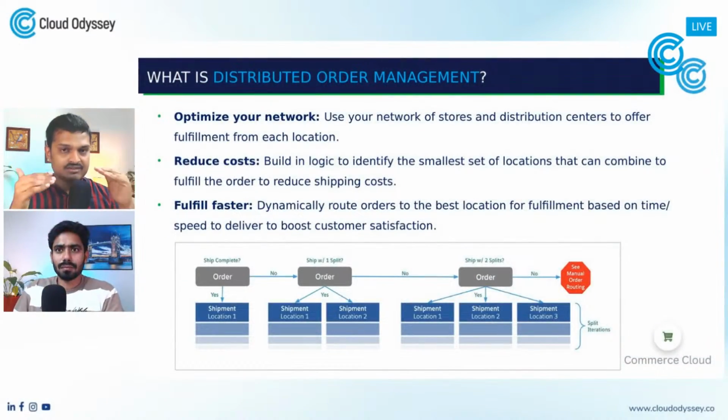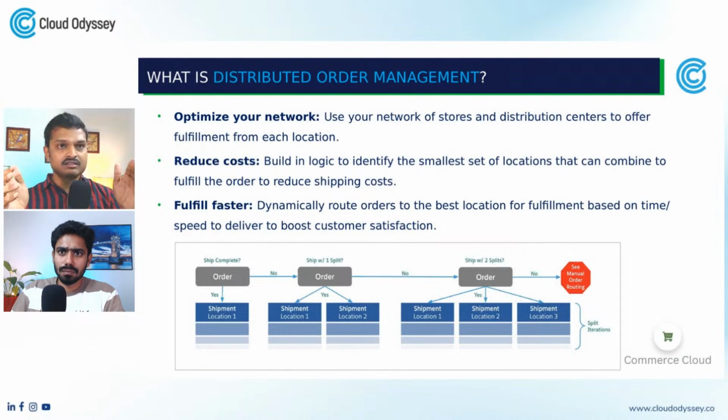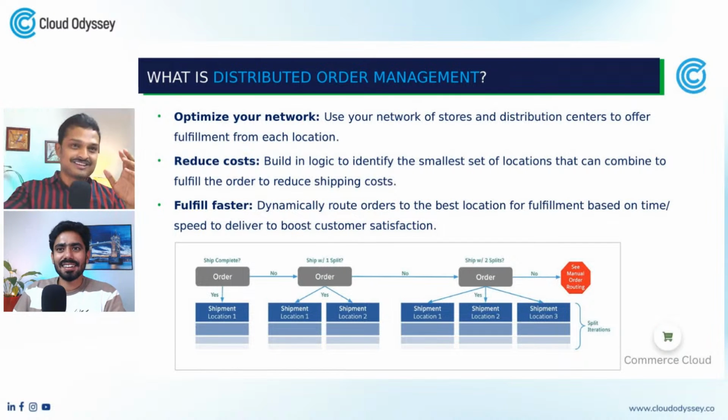And also there is a concept called the nearest location, which we will see in upcoming slides. That will make your delivery much faster. So this is called distributed order management, right? Your order is distributed across all your fulfillment locations.